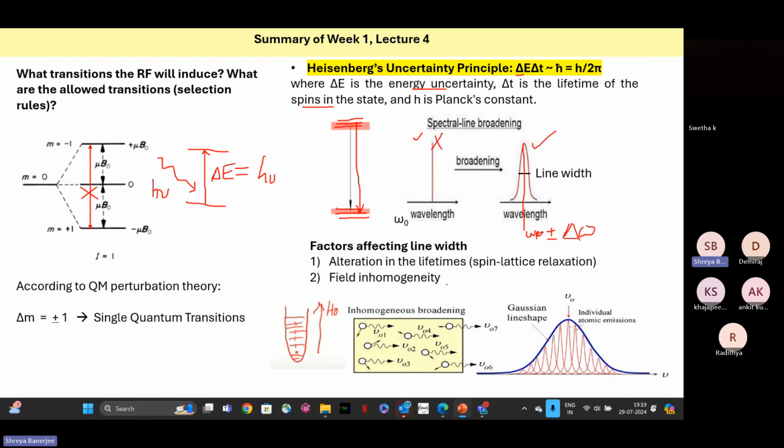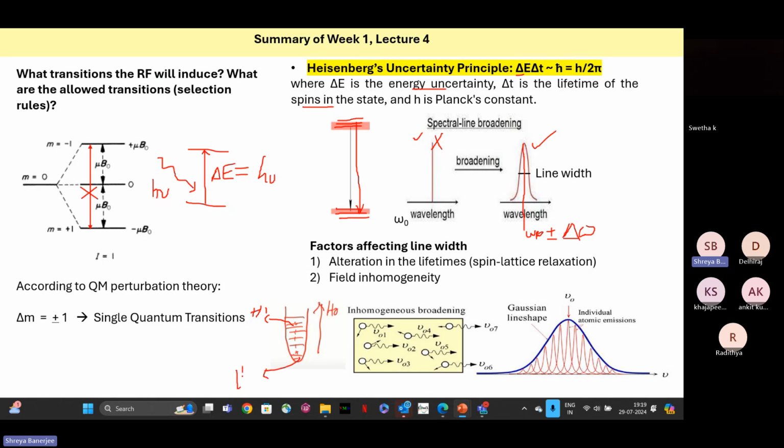The second reason is called field inhomogeneity. If you have your sample tube and the magnet providing the external field H0 is not very good, here it is providing, say, an H1 field, but here in the sample it is providing an H2 field.